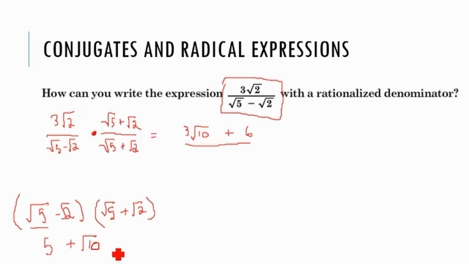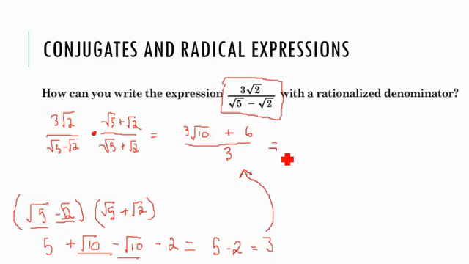Negative square root of 2 times the square root of 5 is negative square root of 10. And negative square root of 2 times the square root of 2 is negative 2. So my middle two terms add to 0, so I get 5 minus 2. 5 minus 2 is 3, so my denominator now is 3.